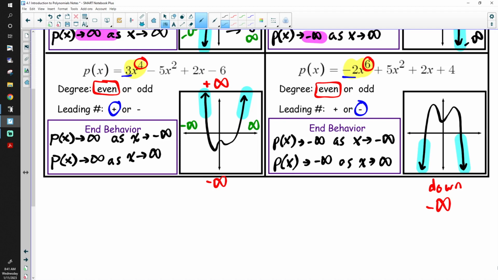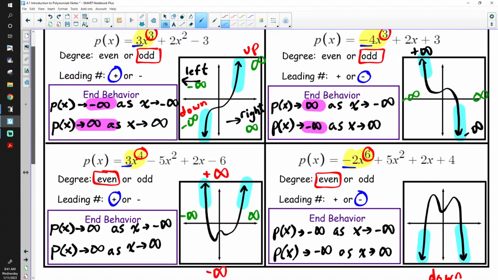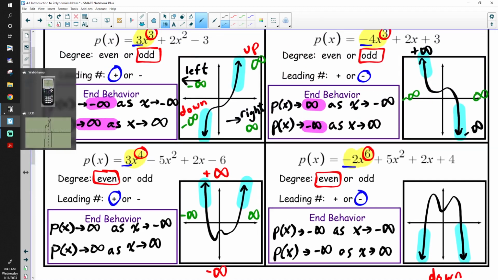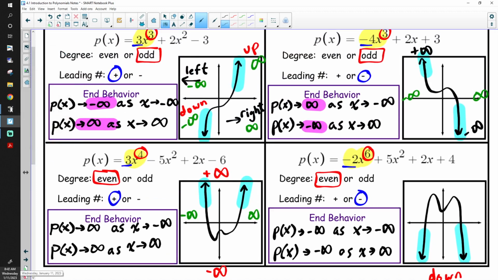So it's important to understand that these are the only four possibilities for end behavior. These are the only four. You don't even have to graph it if you know its degree and its leading number. If its degree is odd and its leading number is positive, it will always have this end behavior.